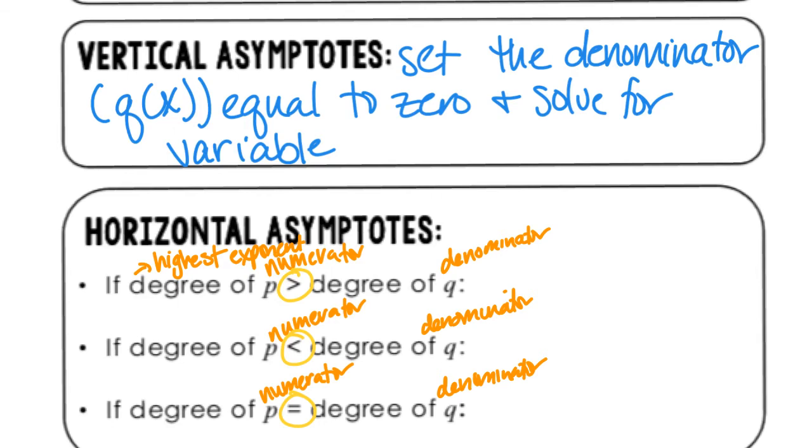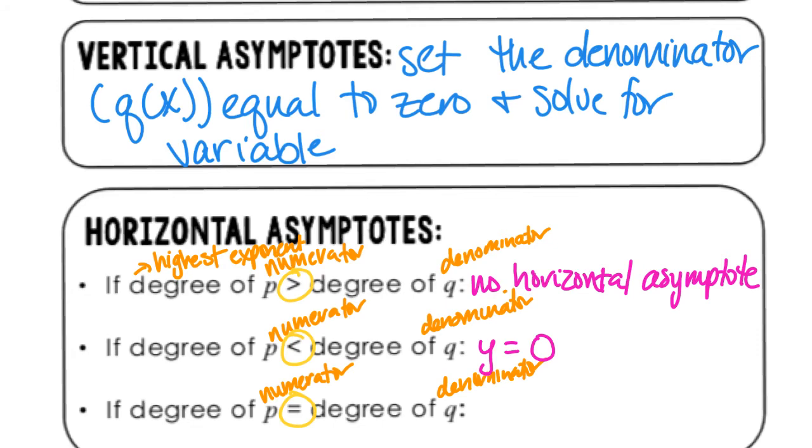So when the degree of the numerator is greater than the degree of the denominator, there is no horizontal asymptote. If the degree of the numerator is less than the degree of the denominator, then the horizontal asymptote is y equals 0. And if the degree of the numerator is equal to the degree of the denominator, that's when it gets a little more complicated.